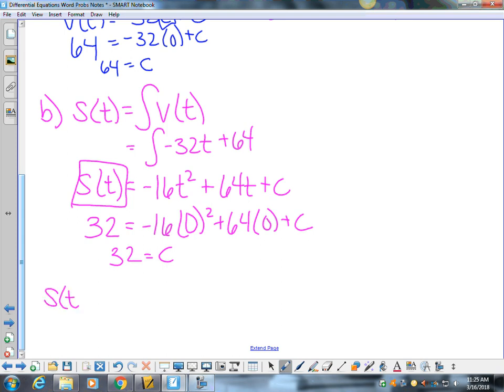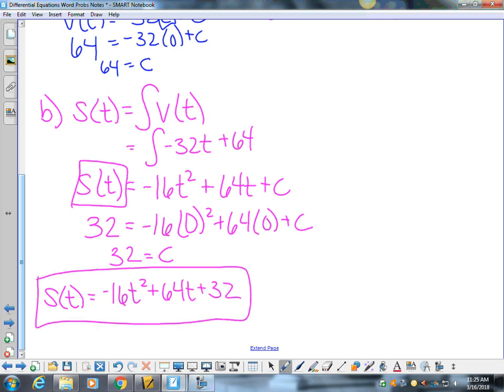So the position formula, and that's where that comes from. Okay.